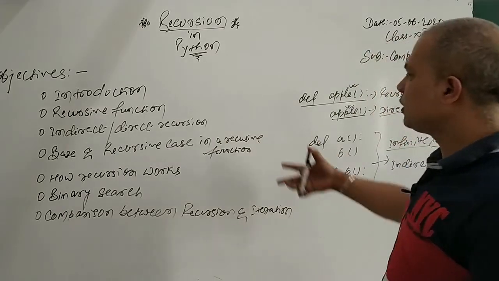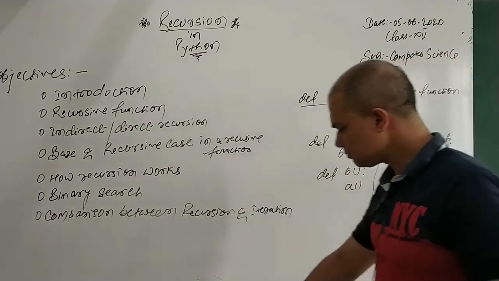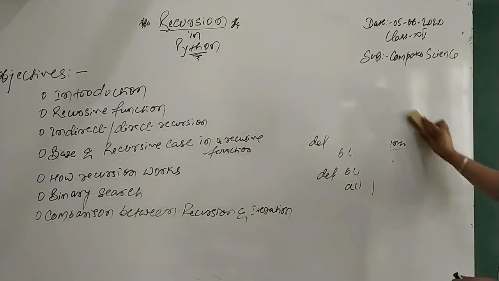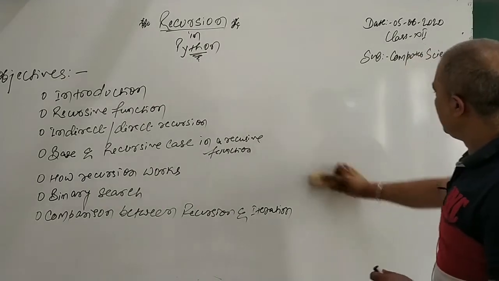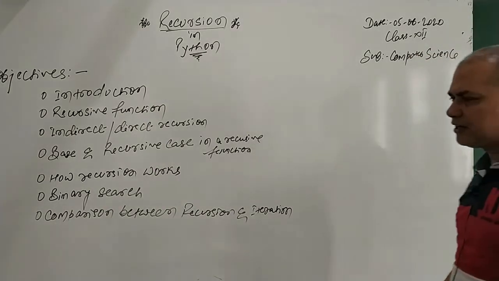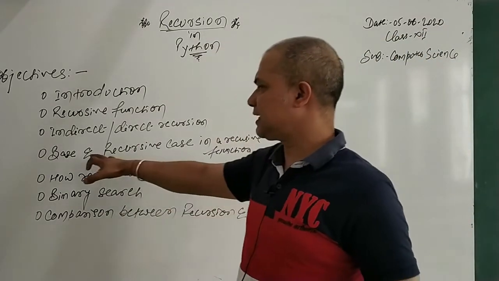Let's see what the base case and recursive case are in a recursive function. The base case is a predetermined case where a direct value is returned and the function stops executing.